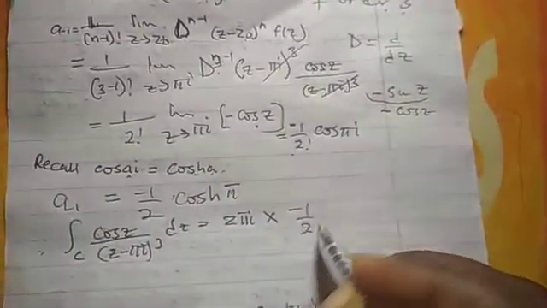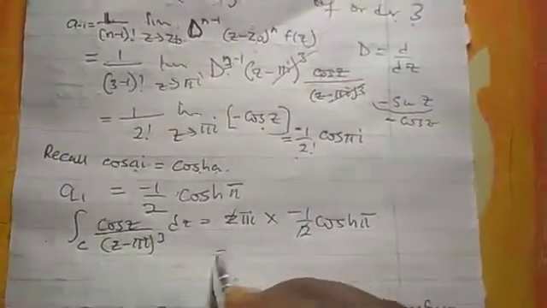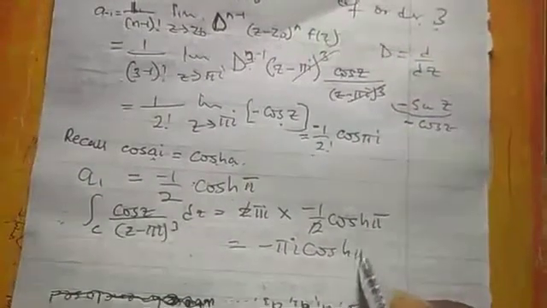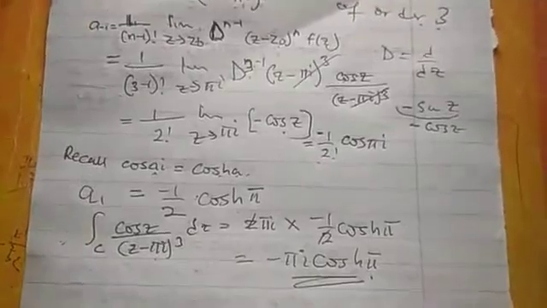This is the residue, minus cos pi over 2. So this cancels this. What we have left is minus pi i cos pi. So that is our answer. That's the solution to this integral.